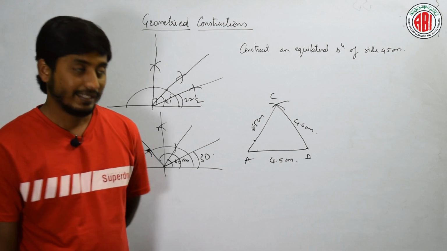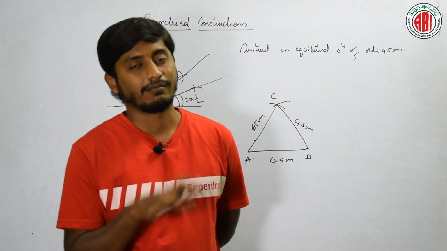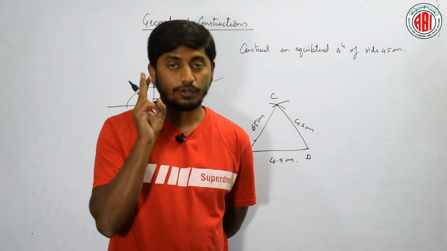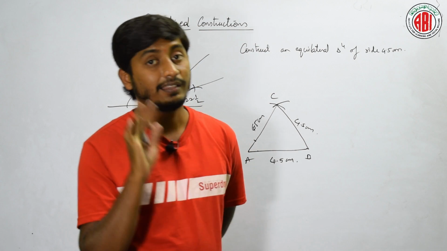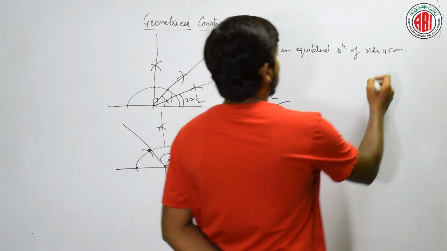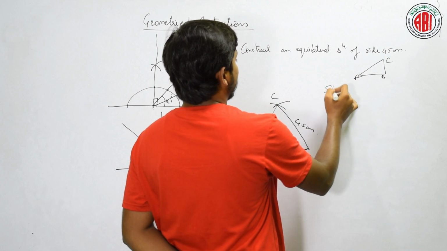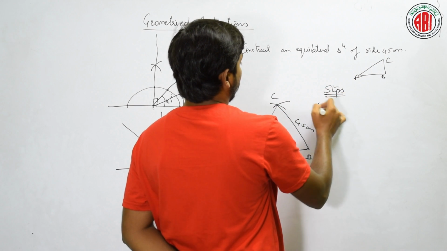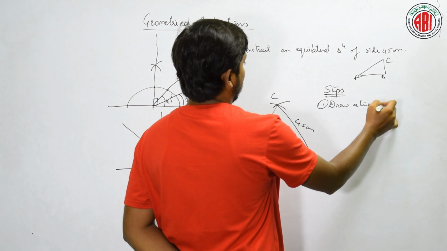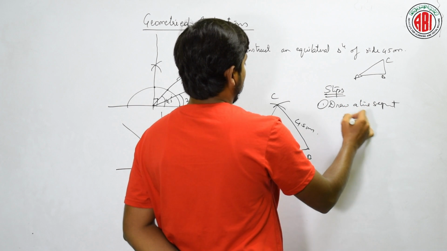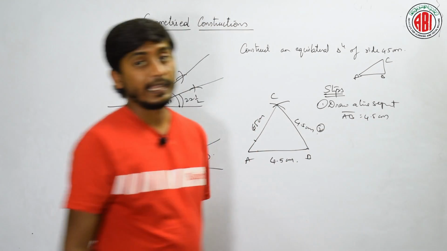Fine. Whenever you present a construction of any geometrical figure, you have to do three things. One is the construction, second is a rough figure, third is the steps of construction. Just draw a rough figure like this, A, B, C. Next, steps of construction. First step, draw a line segment AB equal to 4.5 centimeters. Clear?